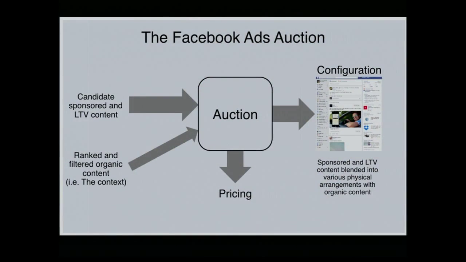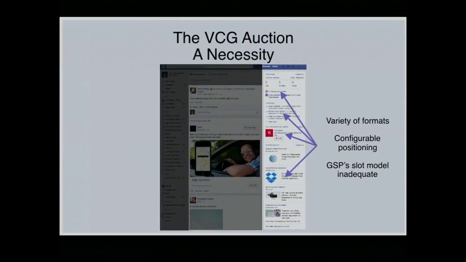Okay. So this is our problem now: coming up with this configuration. How do we do this? We actually run a VCG auction. Chidmay says a VCG auction is a necessity here. I think really what he's saying is that GSP will not handle this problem, because if you look at these different stories, for one, they're of different sizes, and for two, there are various additional constraints on the ordering of things that we can show.